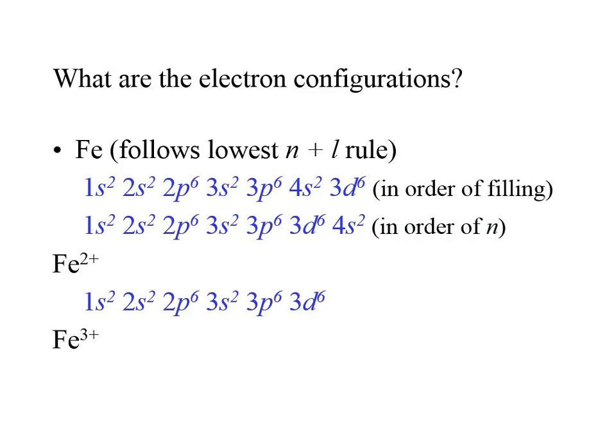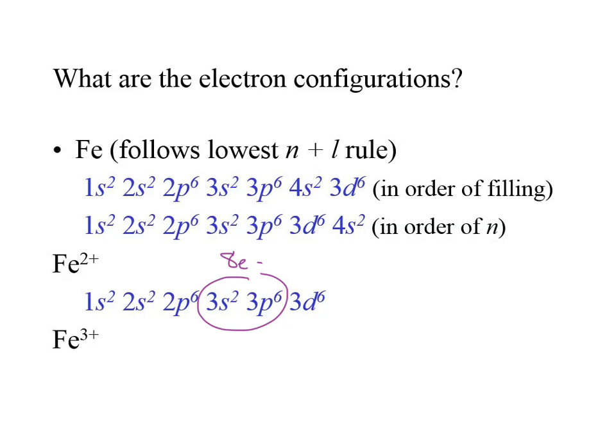So it's 1s2, 2s2, 2p6, 3s2, 3p6, 3d6. Now its highest n is 3, and hopefully you can see that octet in there. You can see that ns2, np6 electron configuration. Anything else, that's fine, tagging along.